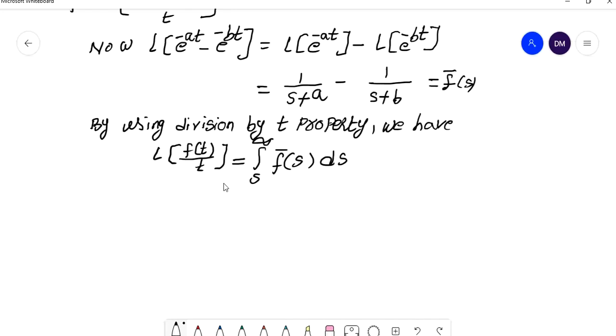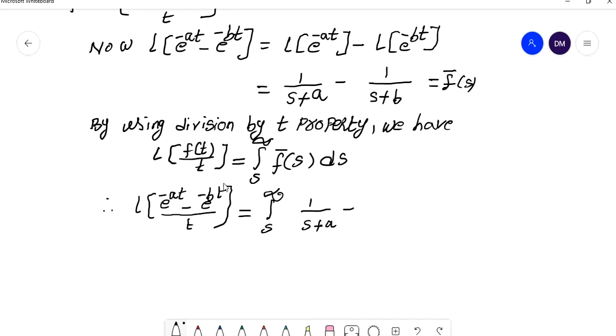Therefore L of e power minus at minus e power minus bt by t is equal to integral s to infinity. What is f bar of s value? 1 by s plus a minus 1 by s plus b, ds.